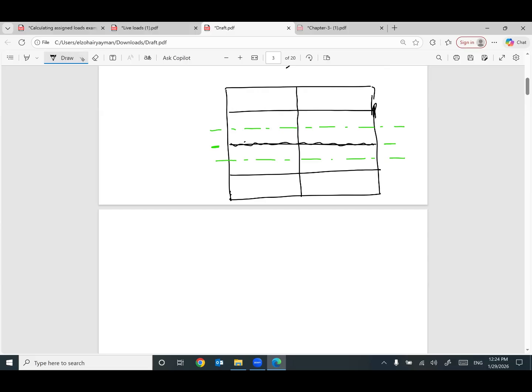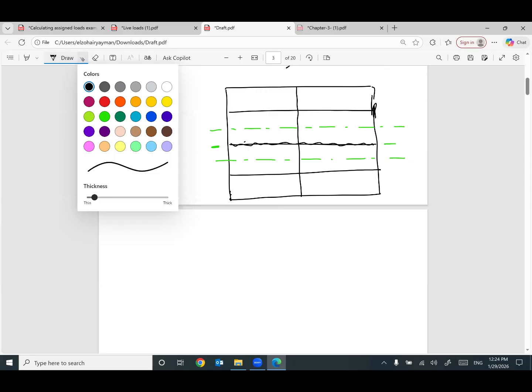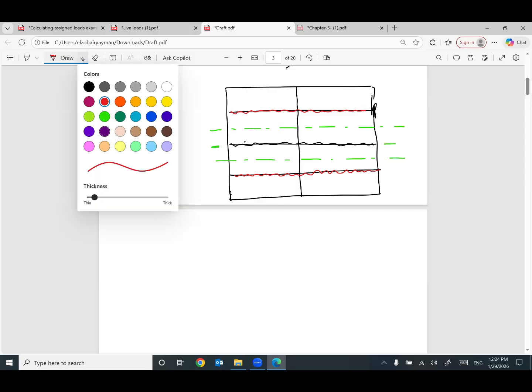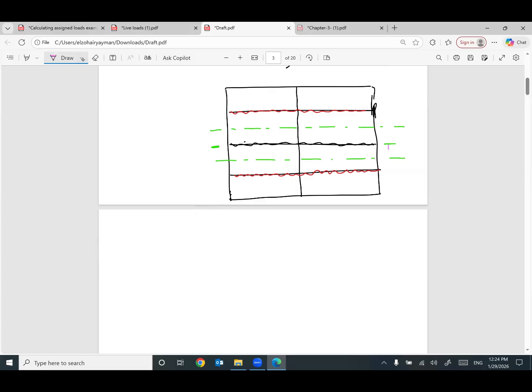So the next beam is this one from this side and this one from the other side. So between each two beams, we are going to divide this distance, and draw this center line.